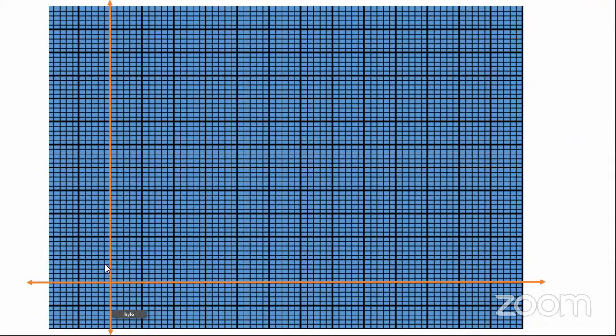Probably get more boxes. That is your suggestion. Okay. Can you get more boxes on a graph paper if it is provided? Is it possible or not?